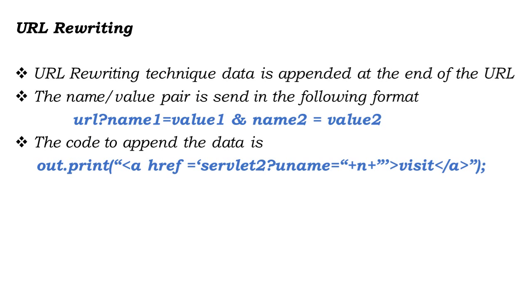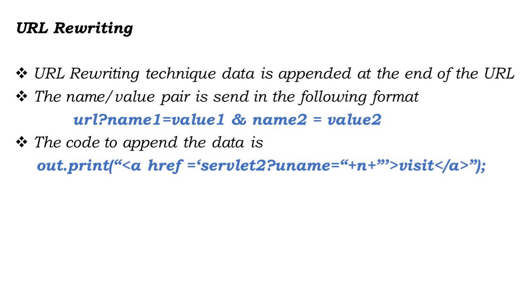The next session management technique is URL rewriting. In this technique, data is appended at the end of the URL. The name value pair is sent in the following format. The name and the value are separated using an equal sign.